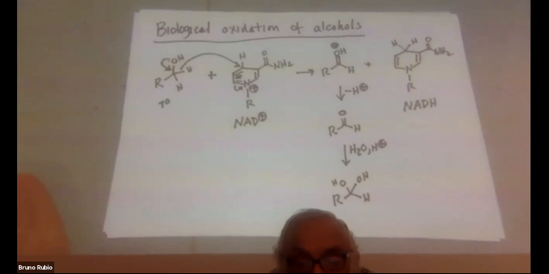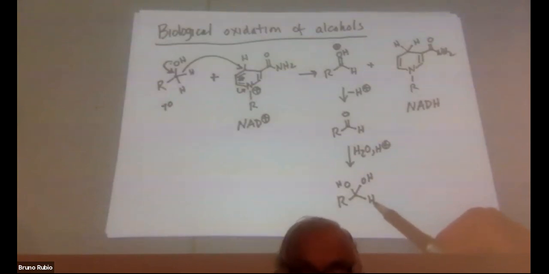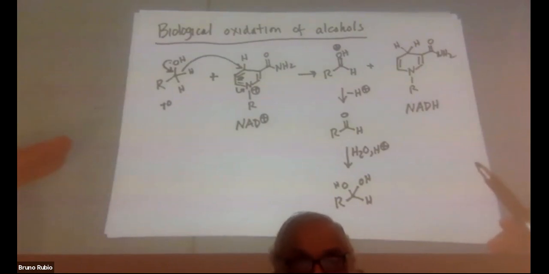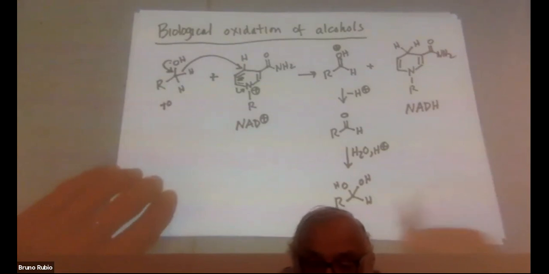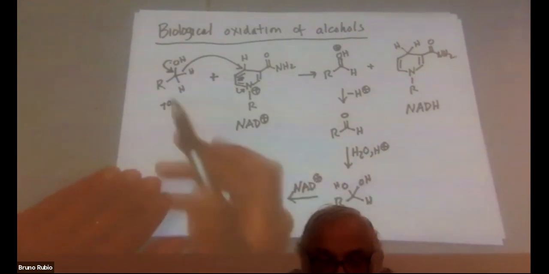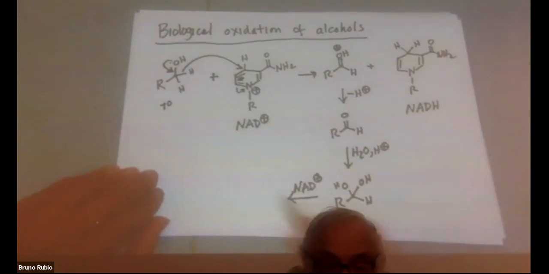And now this is just a special kind of alcohol where that carbon that has the OH group has a hydrogen on it. And now this can enter into another cycle of oxidation with NAD+. So this guy reacts with NAD+ again, right, by this very same mechanism where I'm transferring this hydrogen to that 12 o'clock position of NAD+.